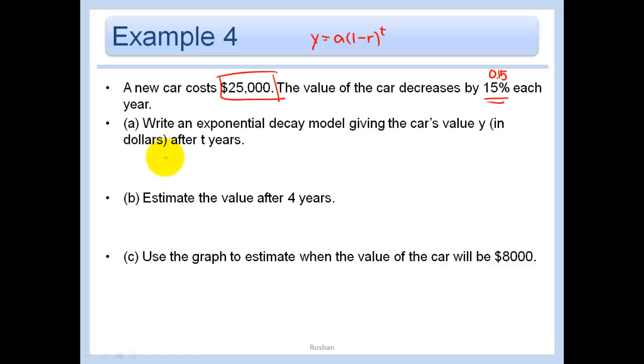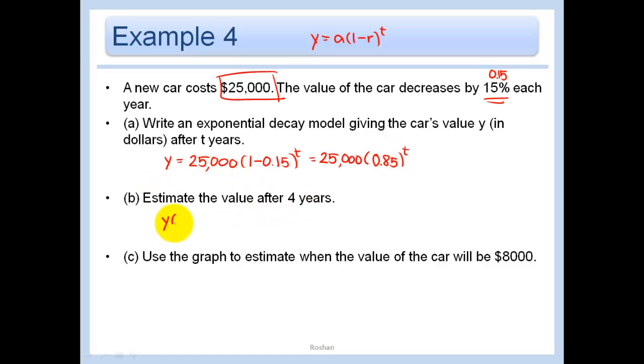So we just have y equals 25,000, 1 minus 0.15 to the t, in other words, 25,000 times 0.85 to the t power. Estimate the value after 4 years.